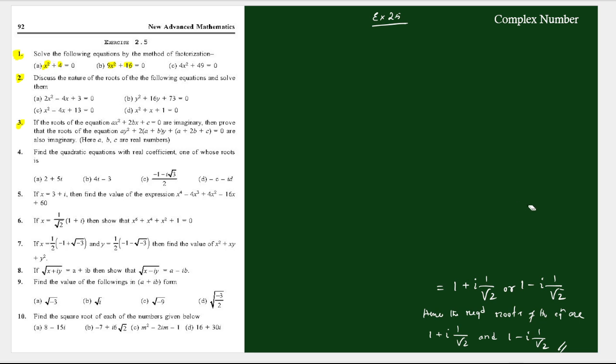We have to prove. Here a, b, c are real numbers.